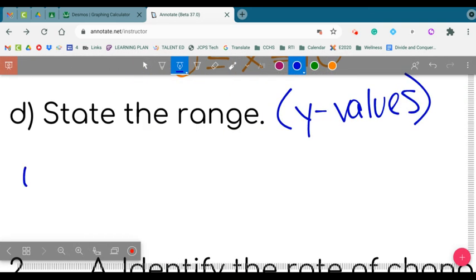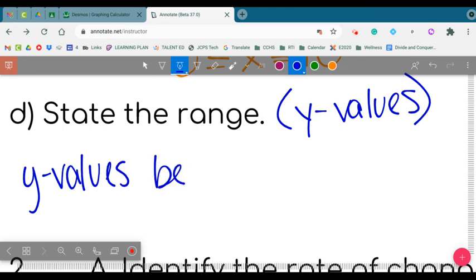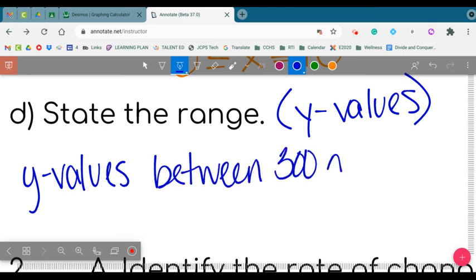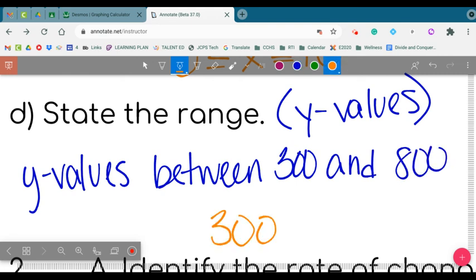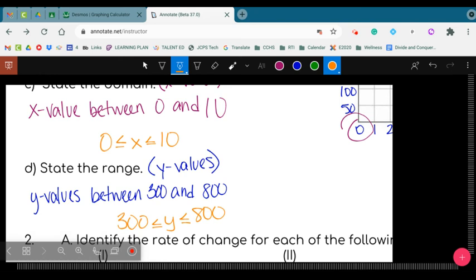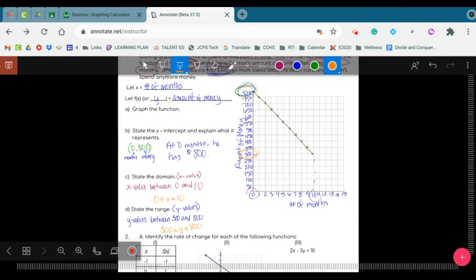So our range is y values between 300 and 800. Again, you can also write this as 300 is less than or equal to y, which is less than or equal to 800. Okay, so let me know. Hopefully we're getting the hang of these word problems. Let me know if you guys have any questions on that.